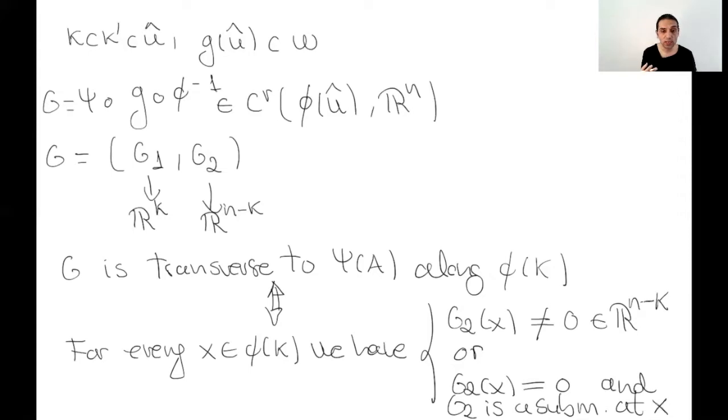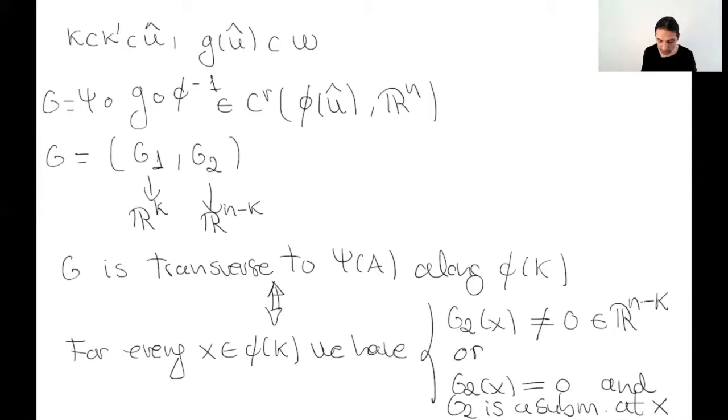Okay, with this definition, it is clear that the set of maps that satisfy that are transverse to A along K is going to be open.